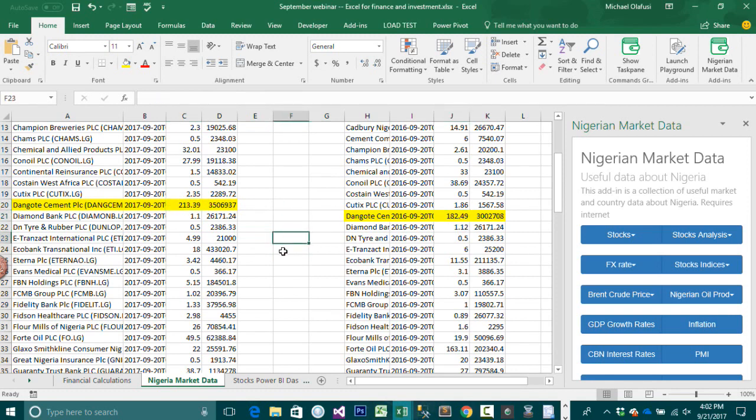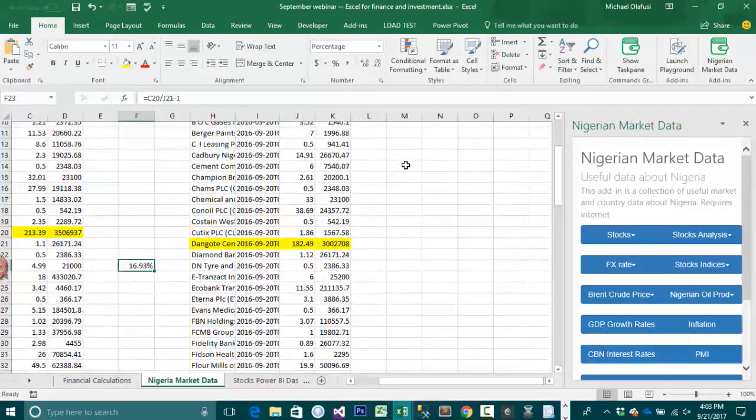So I can calculate how much it has grown, and calculate my return on investment easily. Divided by this, minus 1, and so it has had a 16.93% growth rate. Like that, you can check out any company that you invest in and be able to monitor your investment. So that's that one.